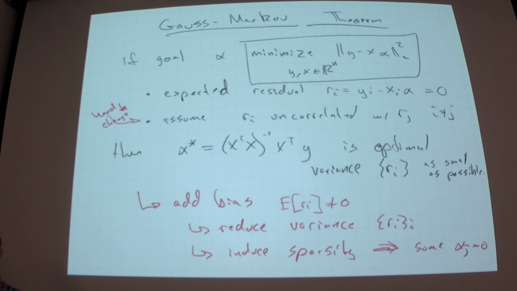So I'll essentially implicitly force some of the alpha_j's to be 0. Sometimes explicitly, depends on how we solve it. All right, okay. So this idea has a few names. I'll describe 2 of them.